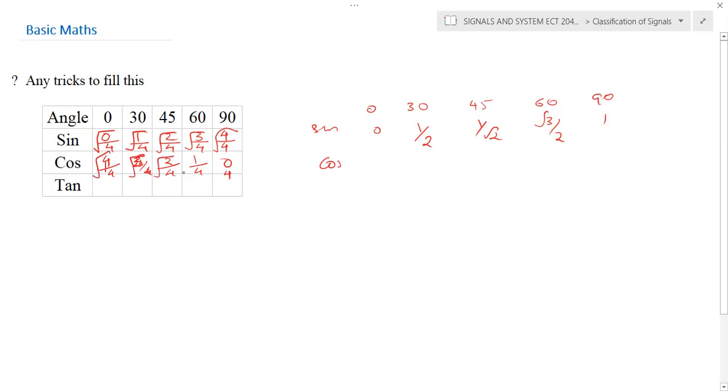That is simply the reverse of the sine, so you can write 1, root 3 by 2, 1 by root 2, 1 by 2, 0. If you want to find tan, simply take sine by cos. So it is 0, 1 by root 3, 1, root 3, and undefined. So this is all about the trigonometric values.